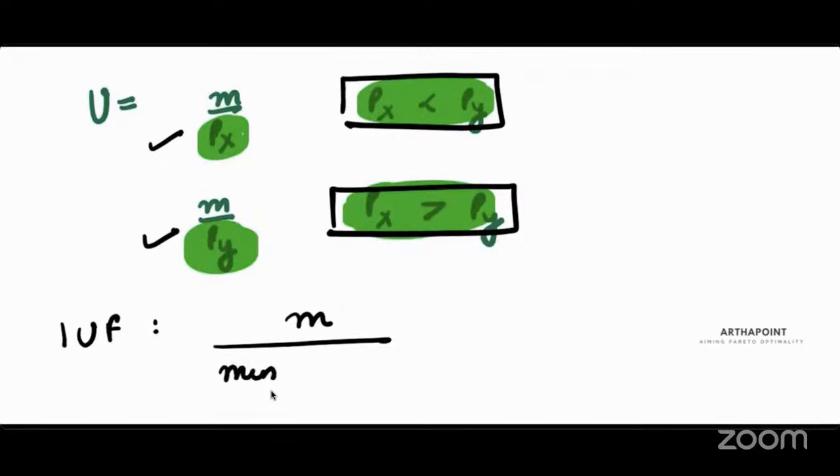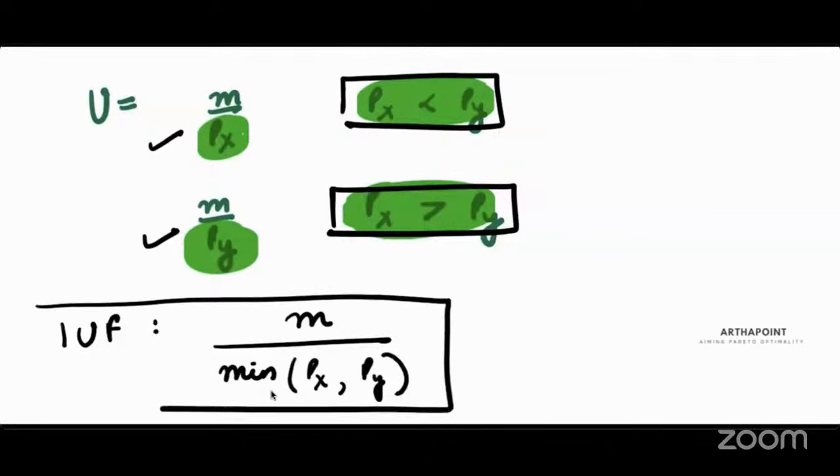So m upon min of Px, Py. This indirect utility function takes care of all possible scenarios.